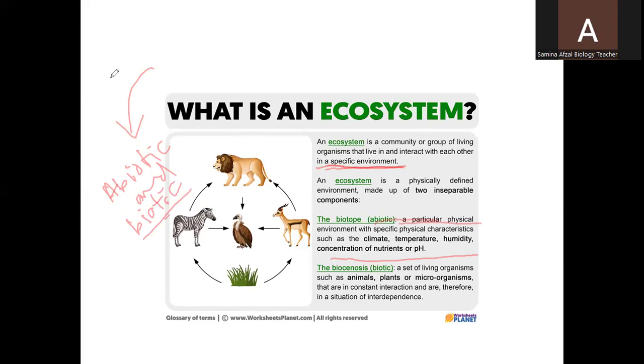So in this way, a stable ecosystem needs all different types of organisms. For example, the biotic and abiotic components should be present in an ecosystem, so the ecosystem will be a stable ecosystem.